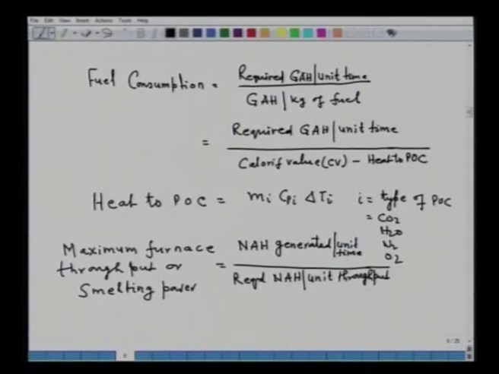So, one has to distinguish the fuel consumption and maximum throughput. Here in the fuel consumption we have taken only the calorific value of the fuel. In fact, if the fuel is preheated, then the heat input will be the calorific value of the fuel plus the sensible heat of the air or fuel, whatever the case may be.